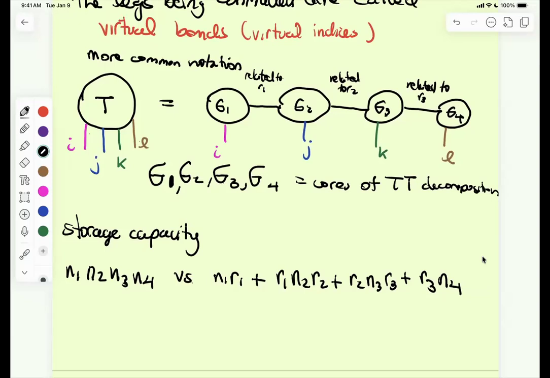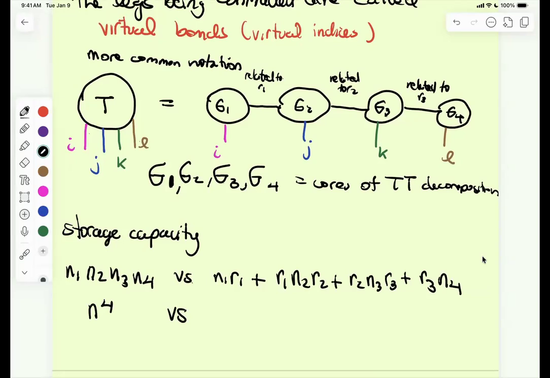So it's n to the 4 versus, okay? And then if you knew that the ranks are always below a certain bound D, or you just truncate them, because you do truncation and keep certain singular values every time, then it would not be exact. It would be an approximation, but most of the time there would be some approximation involved.